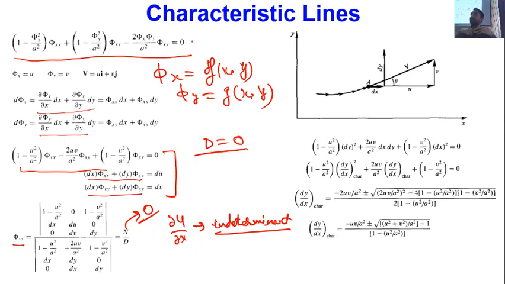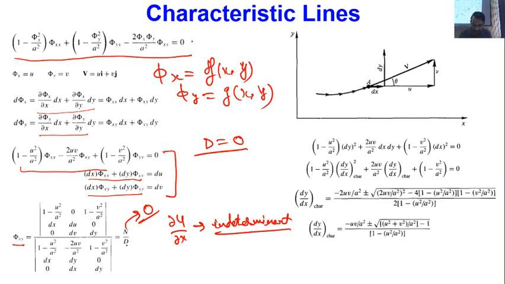So if D is becoming 0, the flow field is becoming infinite. As it cannot be infinite for a continuous flow field variation, N has to be equated to 0. Then only N by D will become indeterminate, and if you apply further mathematical formulation, that will give you a finite result. Okay, so that is the reason.